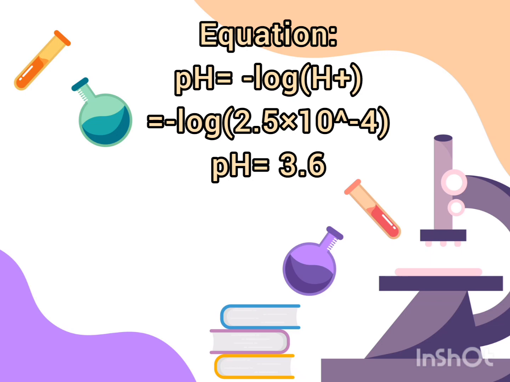Now, let's substitute the given value. Negative log of 2.5 times 10 to the power of negative 4. So our pH here is 3.6. Thus, the solution is acidic because it is less than 7.